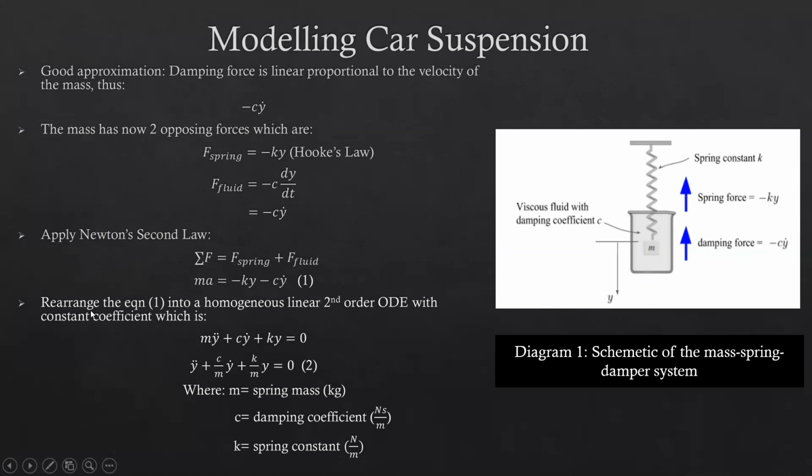So we rearrange equation 1 into a homogeneous linear second order ODE with constant coefficients, which is m y'' plus c y' plus k y is equal to 0, where y'' is acceleration, as acceleration is the rate of change of velocity. We divide the equation by m, and then we get equation 2, which is y'' plus c over m y' plus k over m y is equal to 0, where m is the spring mass, c is the damping coefficient, and k is the spring constant.